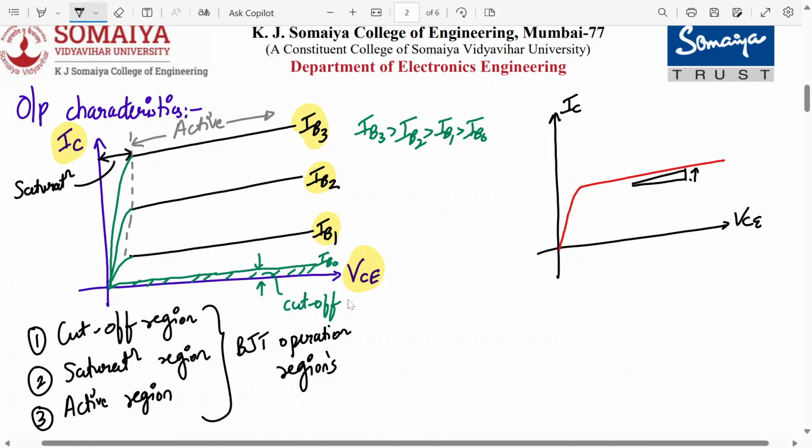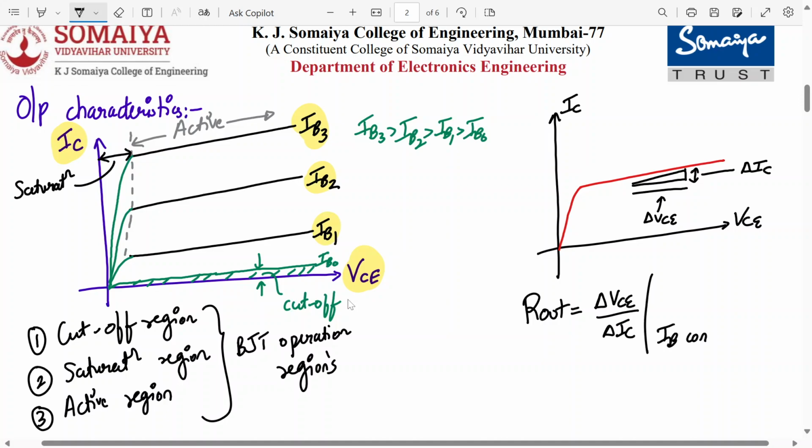This part we call delta IC, and this part we call delta VC. So 1 upon slope will give me R out. Slope will be delta IC upon delta VC. So R out will be delta VC upon delta IC at a constant base current.